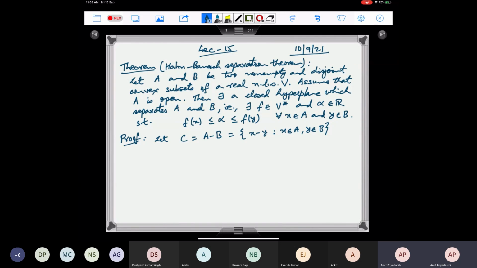Now what can you say about this set C? We are given that A and B are convex. If A and B are convex sets, then the sum and difference will also be convex, right?